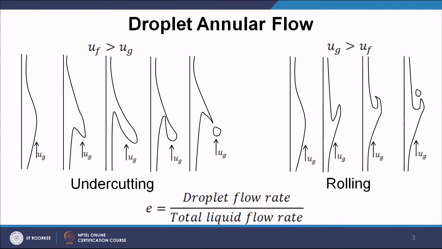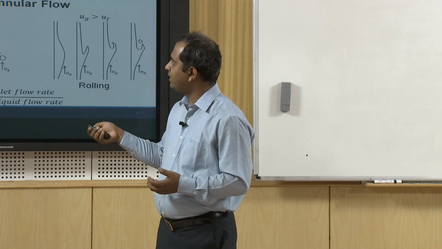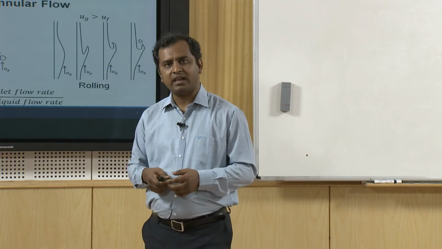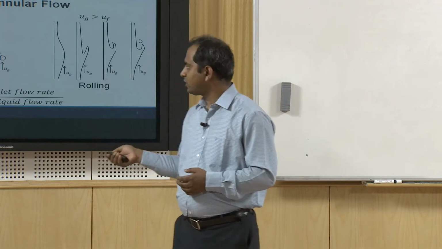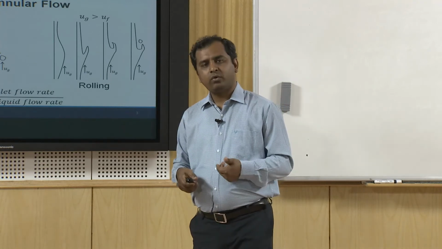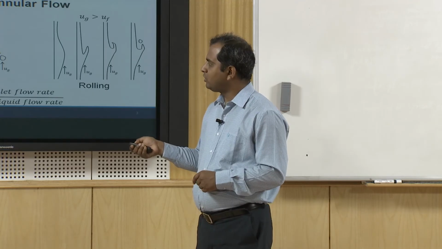So, we find droplet flow rate divided by total liquid flow rate. Total liquid flow rate will be your droplet flow rate plus whatever film is adhered to the wall. So, that flow rate also comes into the picture. So, this total liquid flow rate is your film flow rate plus the droplet flow rate, and the ratio between these two is called E.